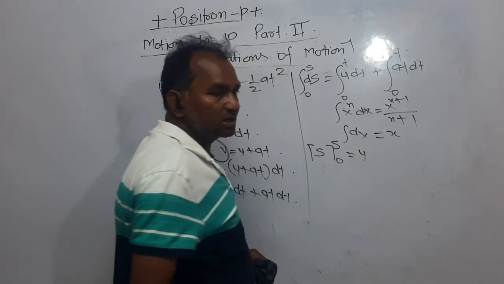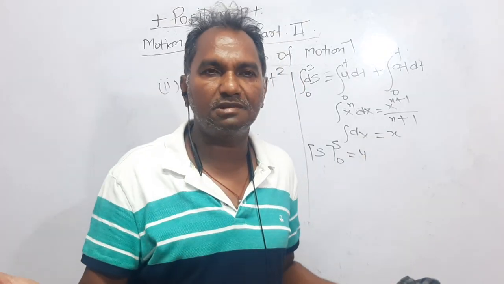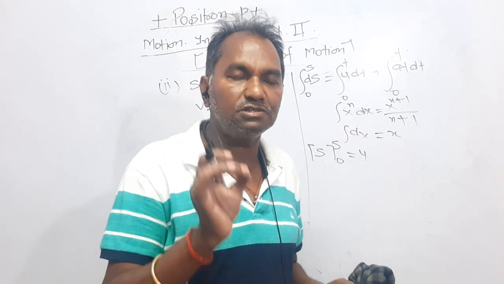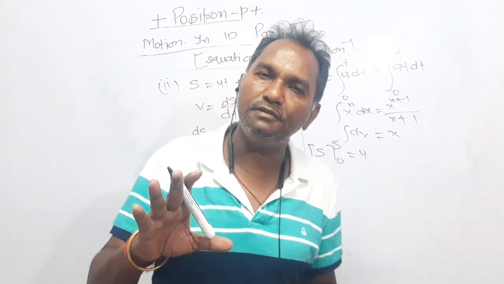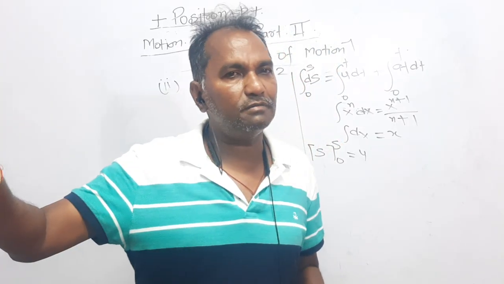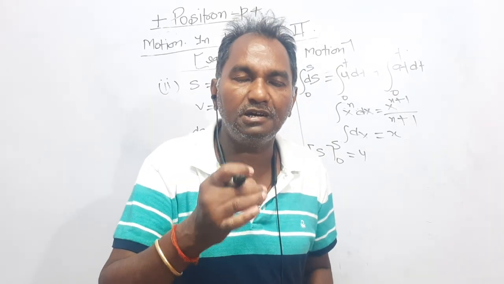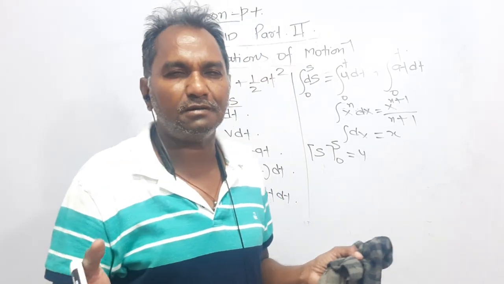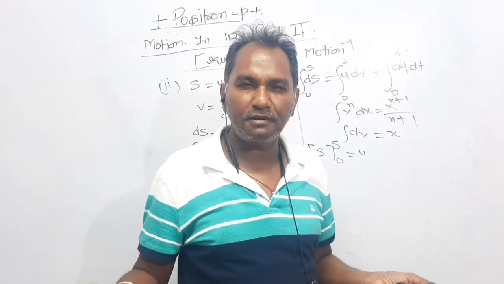u is a constant. Means initial velocity, once you apply that, it ends. If the body is moving with uniform velocity, then u will be constant. Even if it is not moving with constant velocity, once you apply the initial velocity, that is a constant, because the body may move further with different velocities.